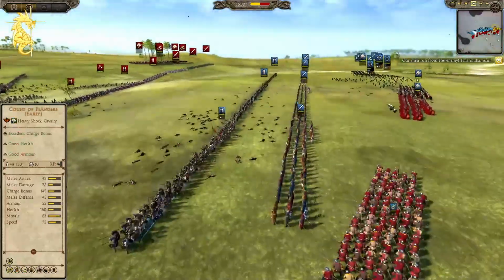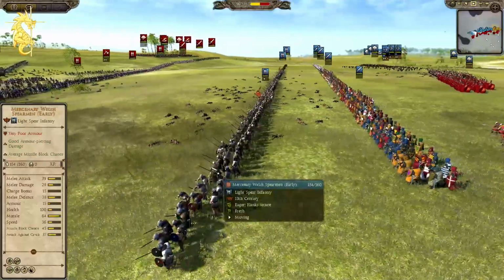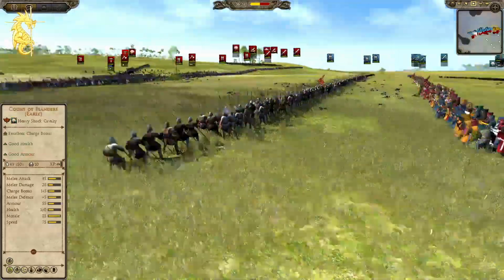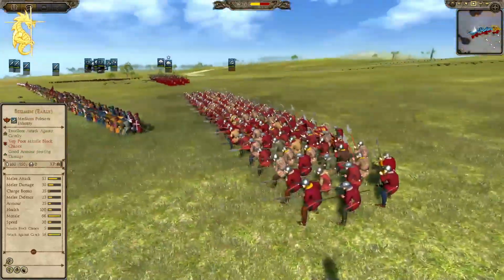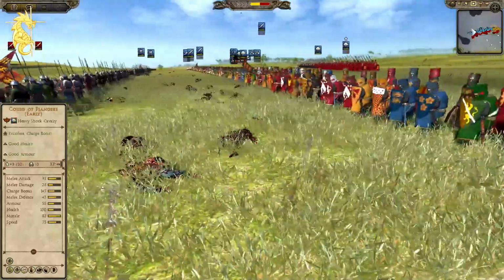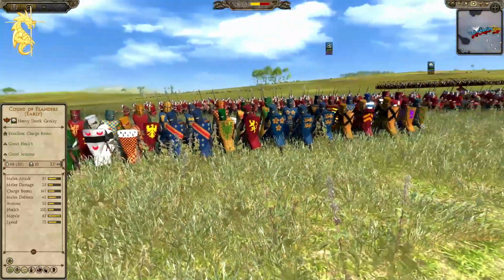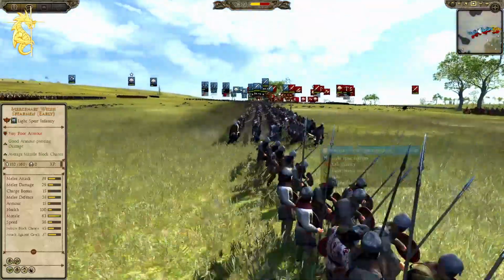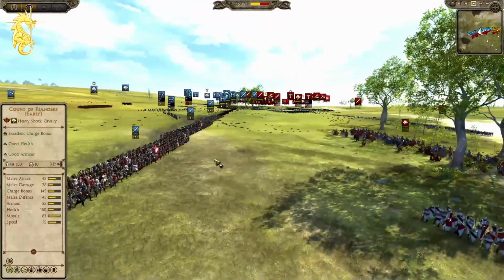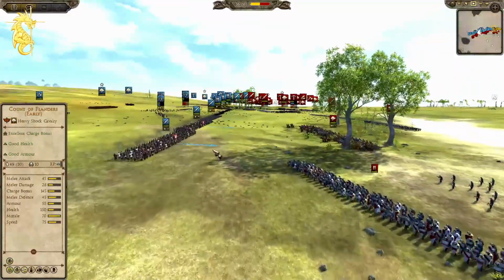Kingdom of England just kind of chilling, just waiting. Look at the English foot knights. They look awesome. Now, sergeants, looks like the Holy Roman Empire wants to get into combat here.